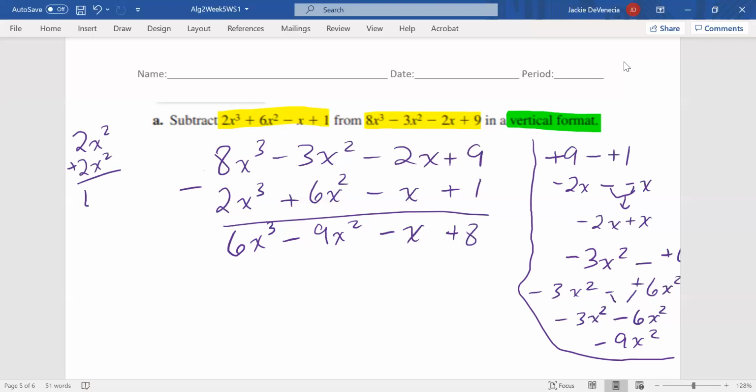Just to backtrack, a number of you wanted to combine the terms like this. So just remember, whenever we're adding polynomials, it's just the coefficients that are going to change. The variables are going to stay the same. We're not adding the exponents.